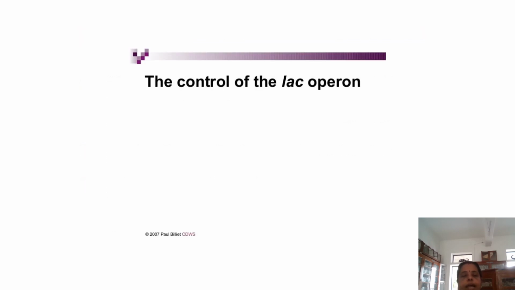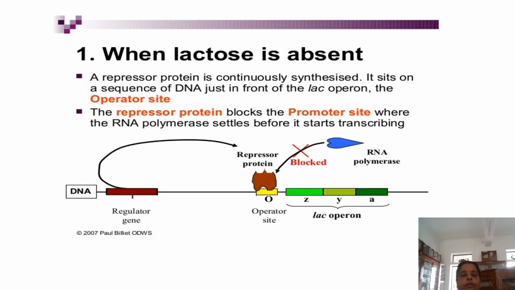The control of the Lac Operon. When lactose is absent, in the absence of lactose, a repressor protein is continuously synthesized. It sits on the sequence of DNA just in front of the Lac Operon, the operator site.